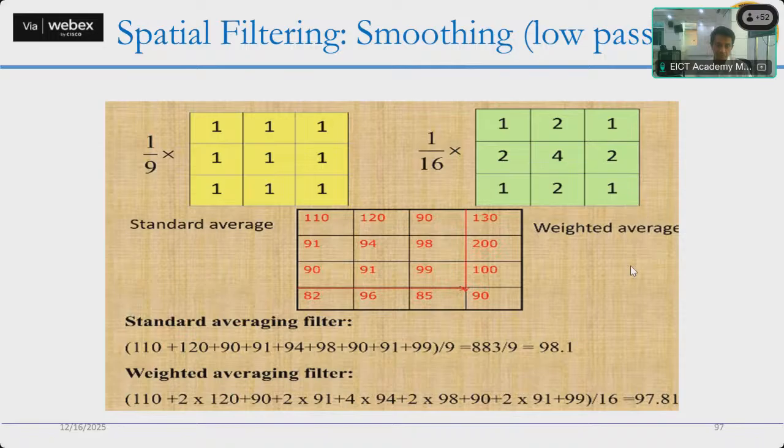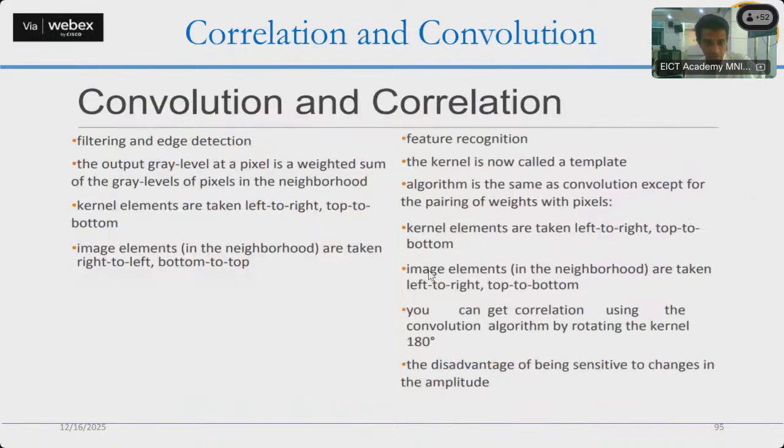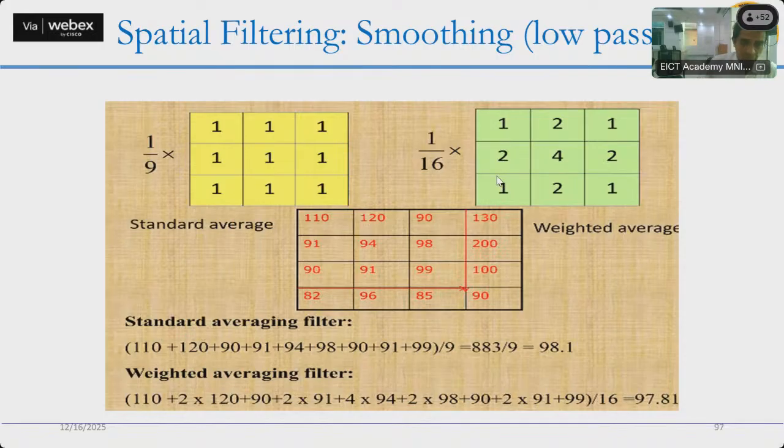In the same way, when we calculate the standard average, it is 1 by 9, 1 by 16. So this is the standard average, where you have taken 1 by 9, and here you have taken the weighted average.